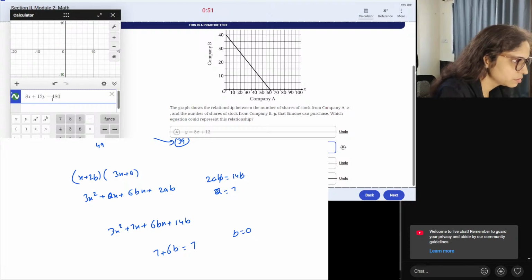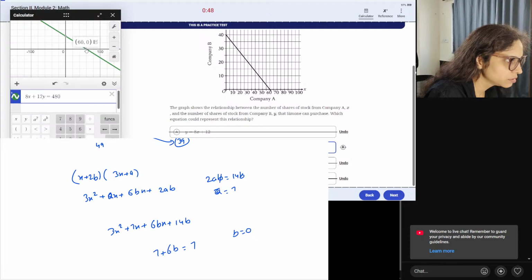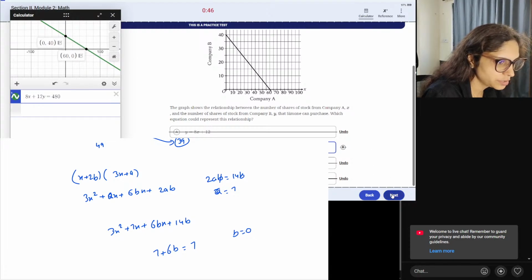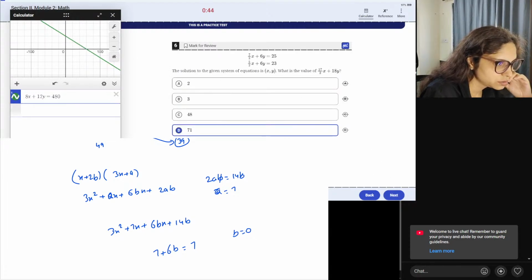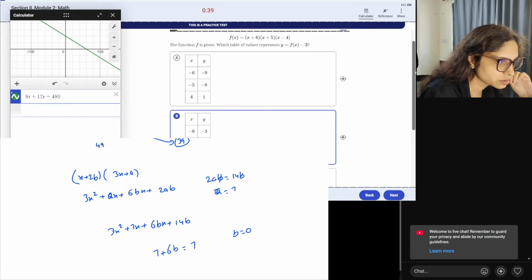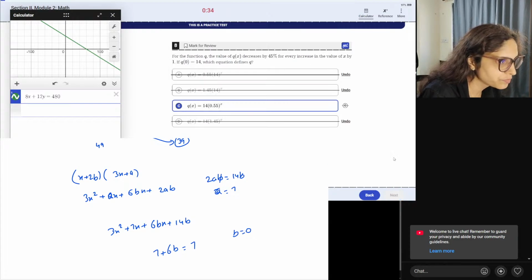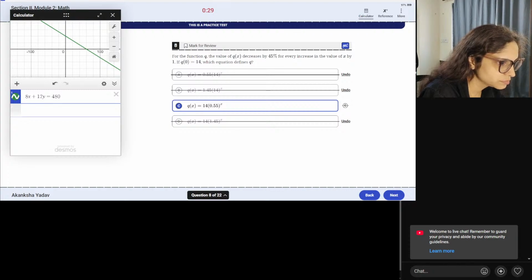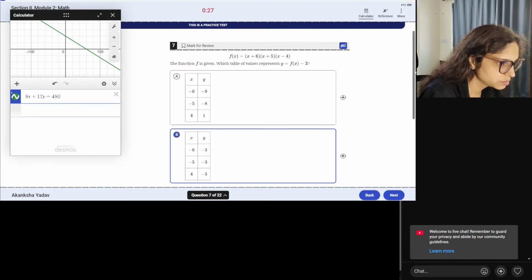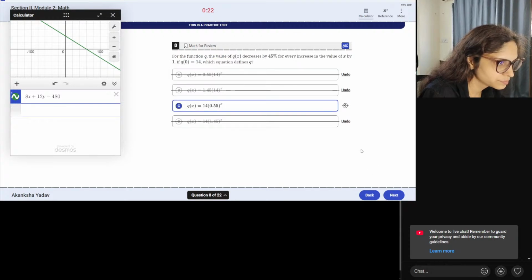It should match. 60, 40, correct. Yeah, this we did through several methods. F of x minus 3, all of them are 0, so 0 minus 3 is -3. So it should be 14 and it is decreasing. So yeah, that's correct.